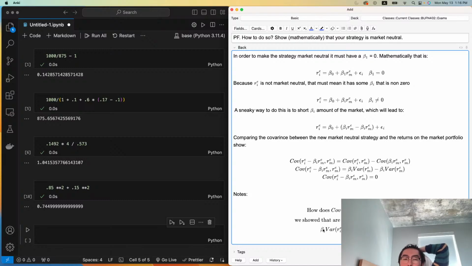So that means if this beta is less than 1, then the market tends to move a lot less compared to the returns.